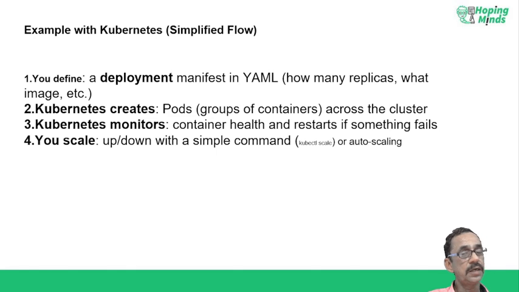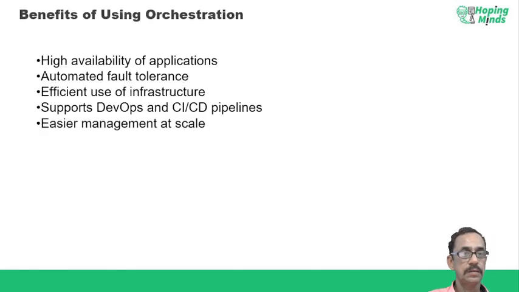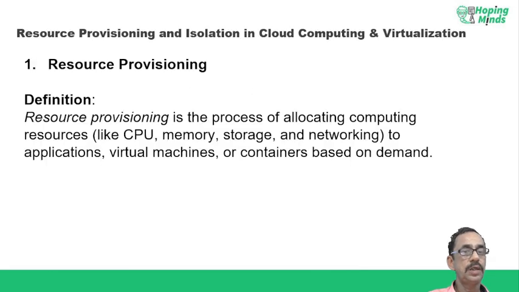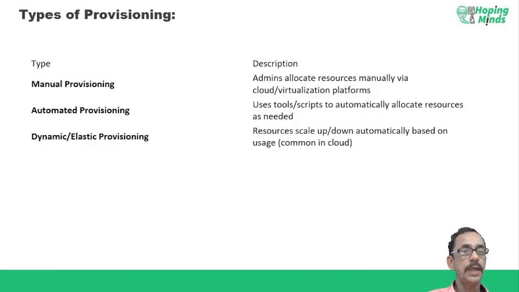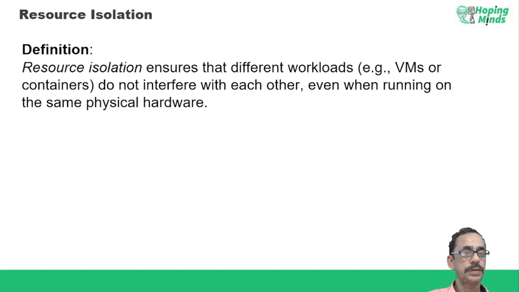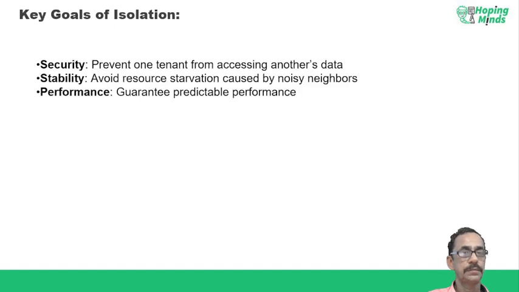First deployment, then create, monitor, and scale up and scale down with auto scaling. After the orchestration tools, we discussed provisioning and isolation. So this is all about virtualization, orchestration, and containers. Thank you very much.